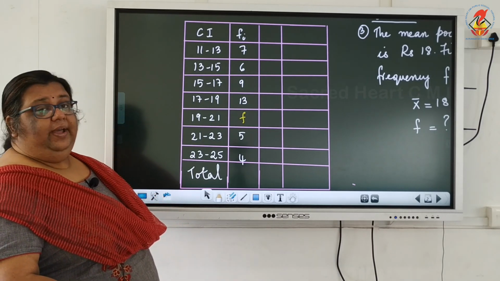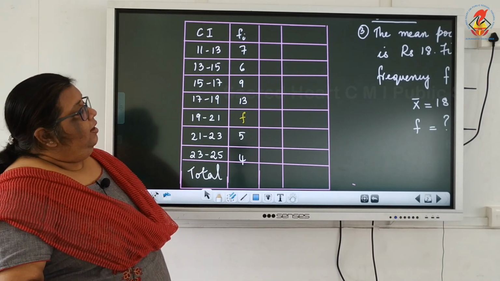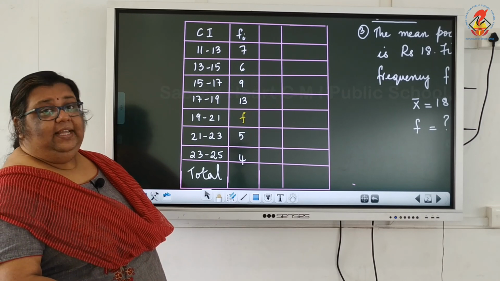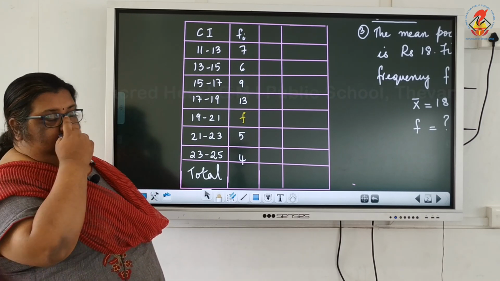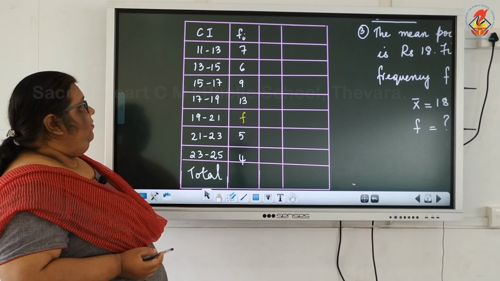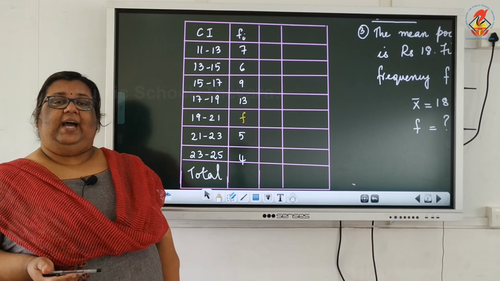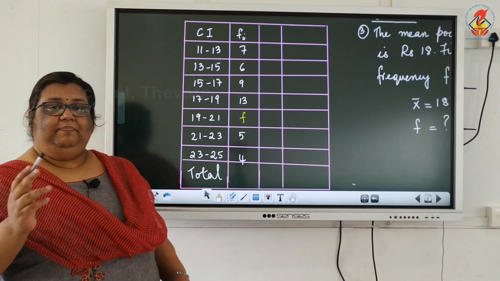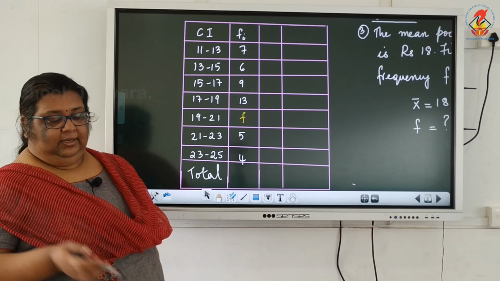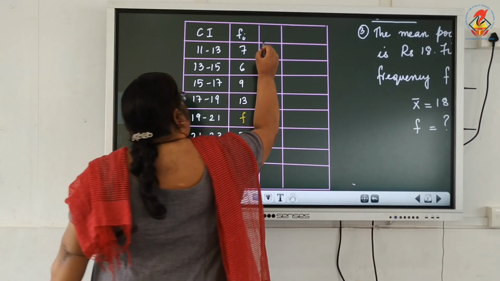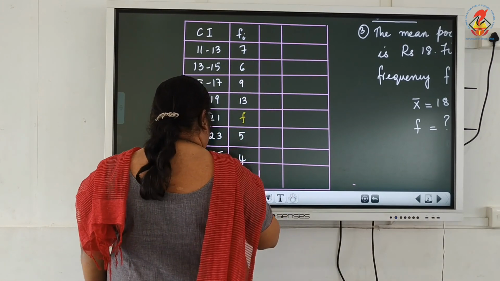So we need to find f when x bar is given as 18. We will start by finding the values of xi. What was xi? Xi means the mid value or the class mark. How will we find that?